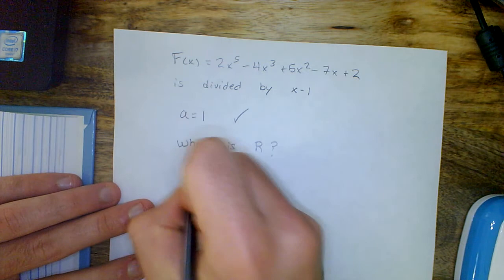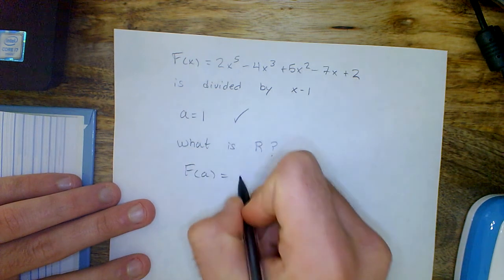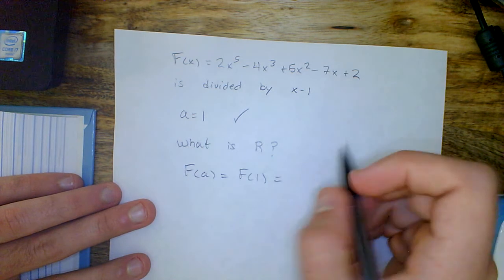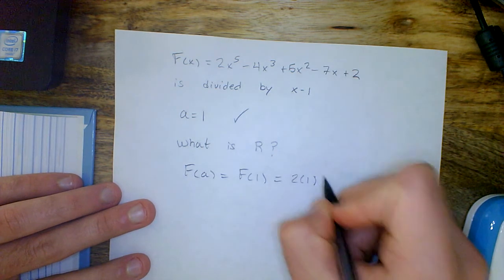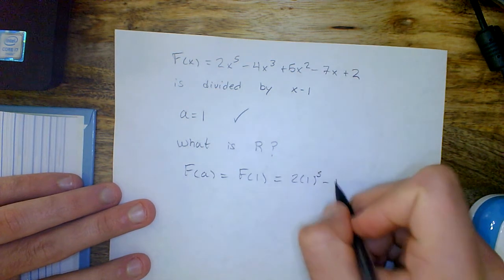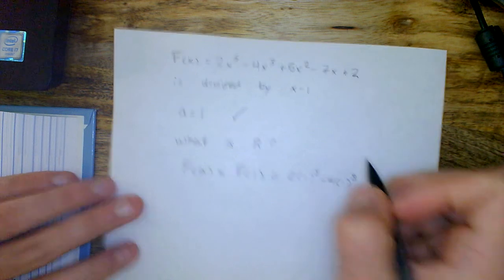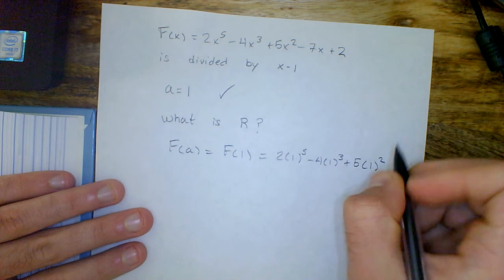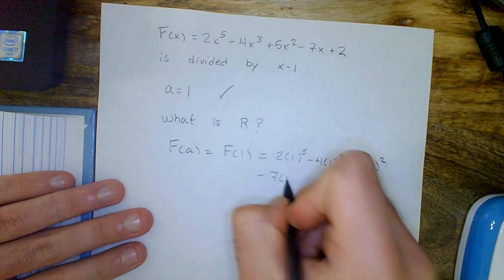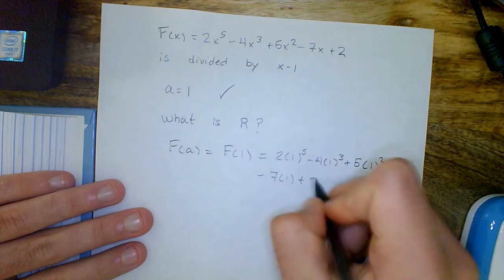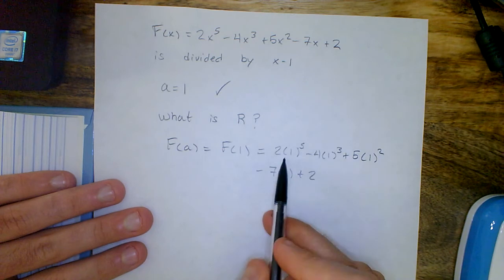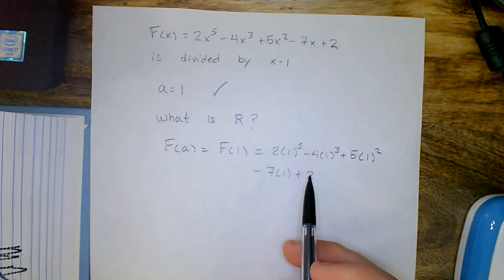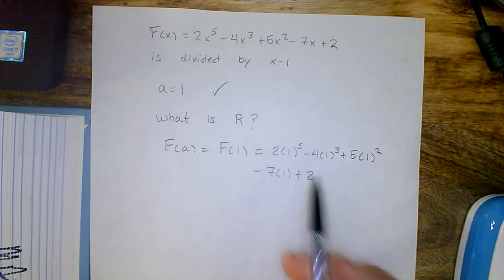All right, so now if we want to know what r is, we can use the remainder theorem, because now we just do f of a, which is f of 1. So that's just evaluating this polynomial up here. That's going to be 2 times 1 to the 5th minus 4 times 1 cubed plus 5 times 1 squared minus 7 times 1 plus 2. So this is 2 minus 4 plus 5 minus 7 plus 2.